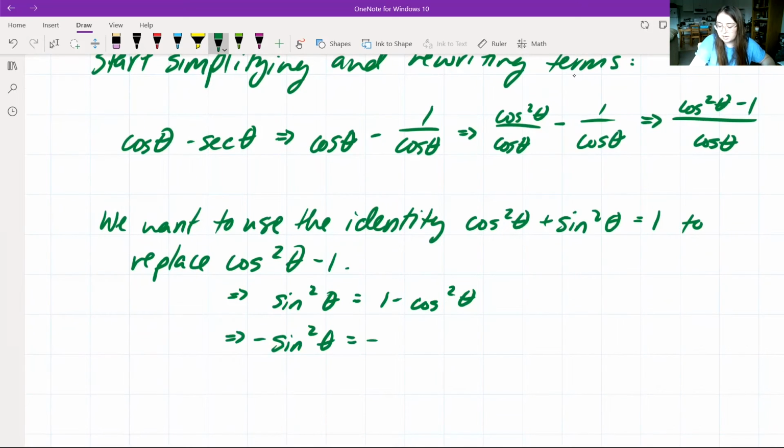This would give us negative 1 plus cosine squared of theta, which we know we can just rewrite as cosine squared of theta minus 1.